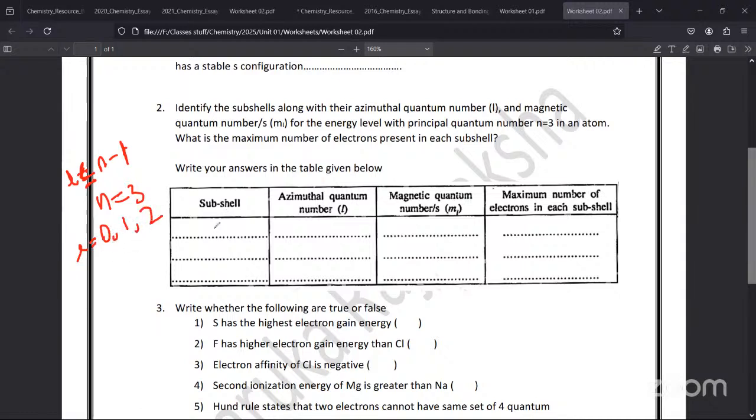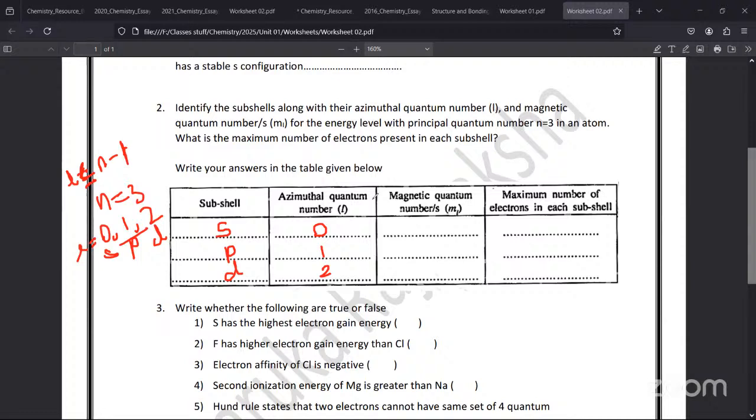So this one is going to be the s orbital, this one p orbital, and this one d orbital. So the subshells are s, p, and d, with azimuthal quantum numbers 0, 1, 2.